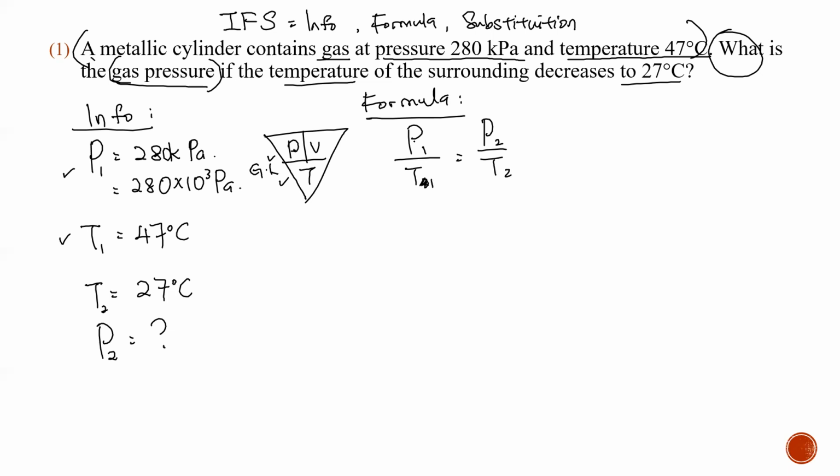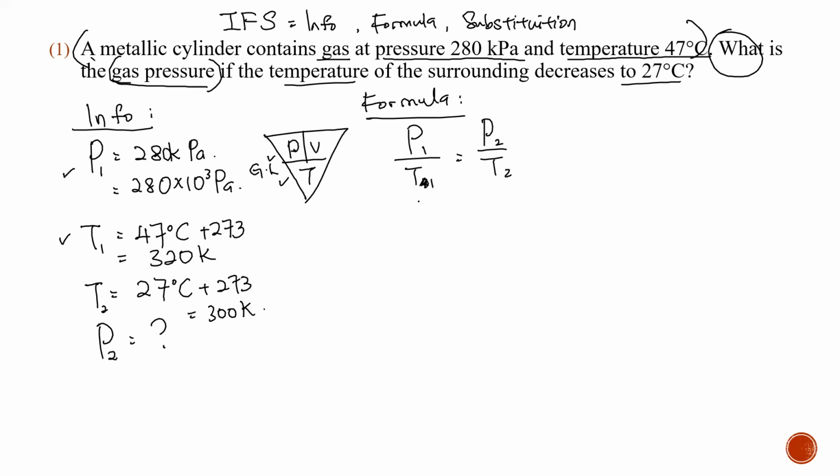Condition 1, P1 T1, equals condition 2, P2 T2. And don't forget, our temperature should change to Kelvin. So it's 47 plus 273, and we will get 320 Kelvin. This one plus 273, and we will get 300 Kelvin.